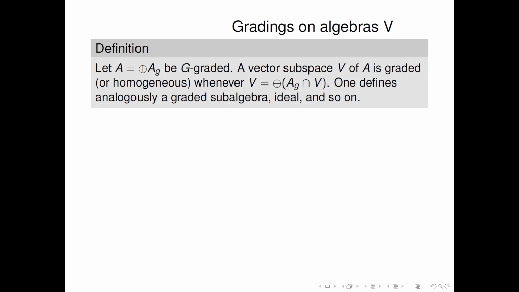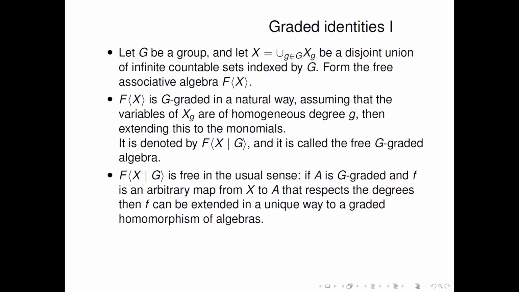And now, a vector subspace of a G-graded algebra will be called graded or homogeneous, the usual definition, when it's a direct sum of its components. And in the same manner, you define a graded ideal, subalgebra, and so on. And now graded identities.